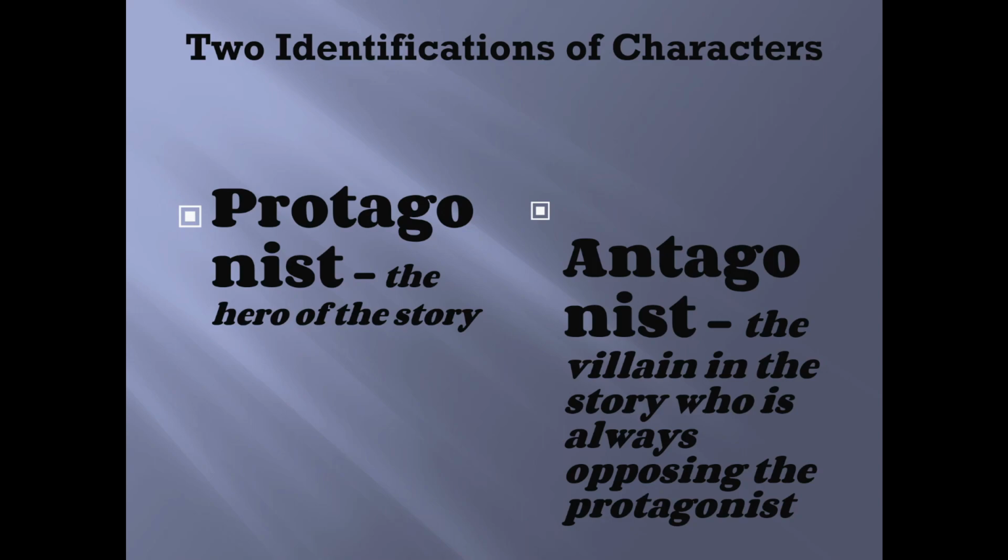So the story is about the protagonist as well as the conflict between the protagonist and the antagonist. Remember that. Some short stories might only have a protagonist, but most will have both because they want to show the conflict of the story.